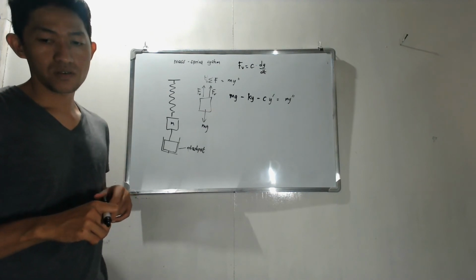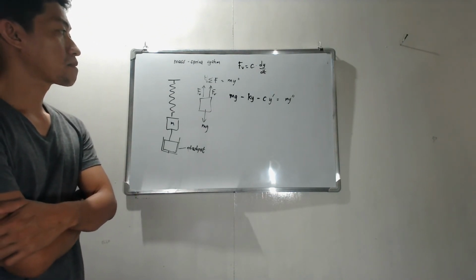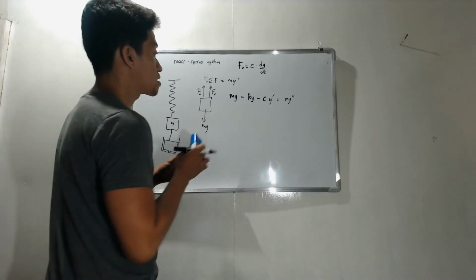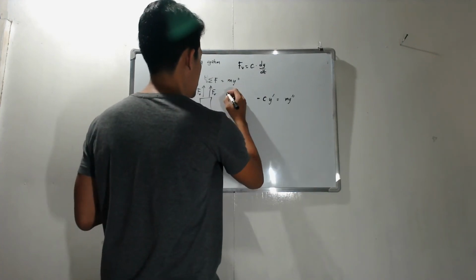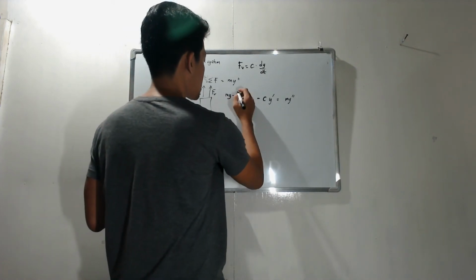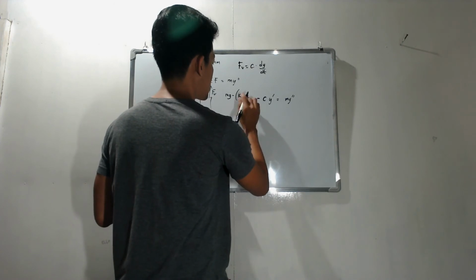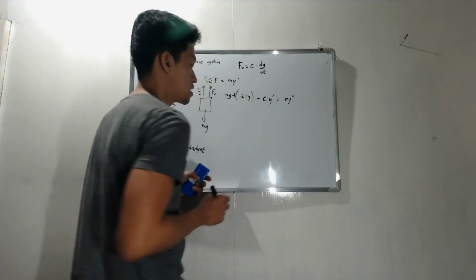By the way, if we go back to the earlier one, this becomes k(s0 plus y).